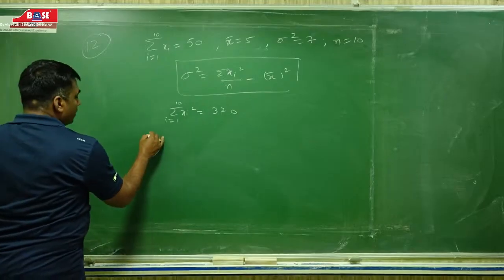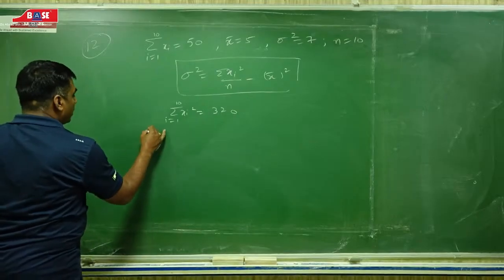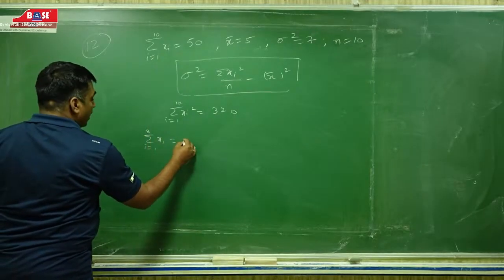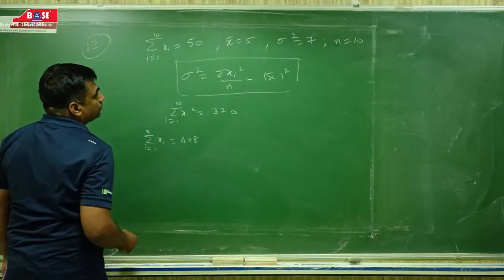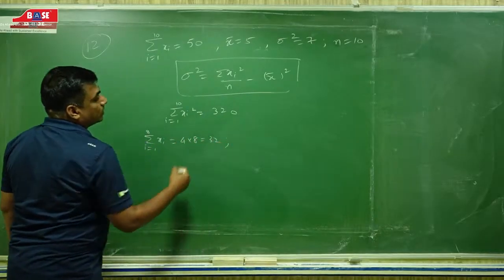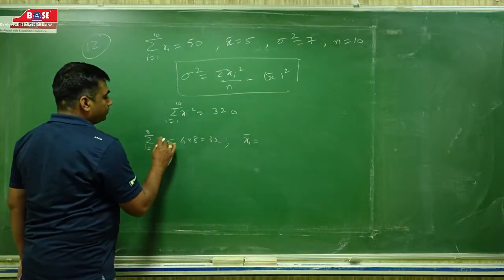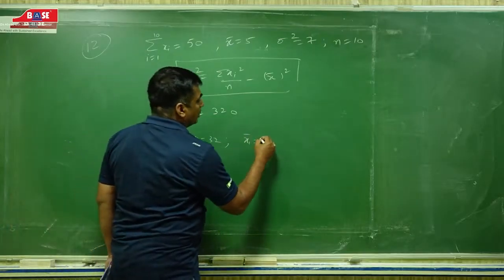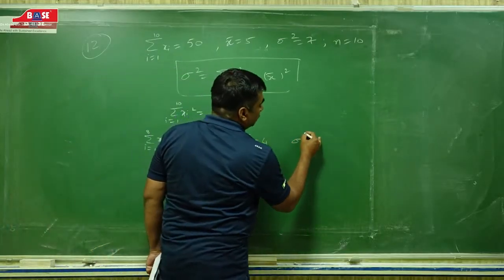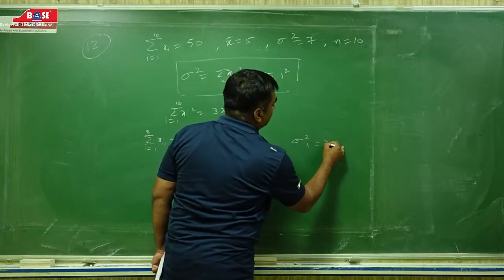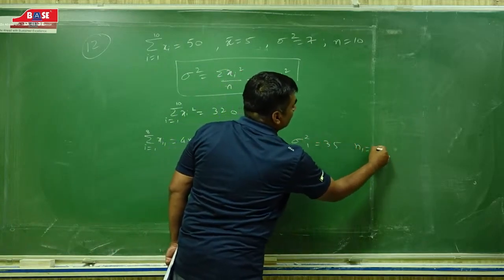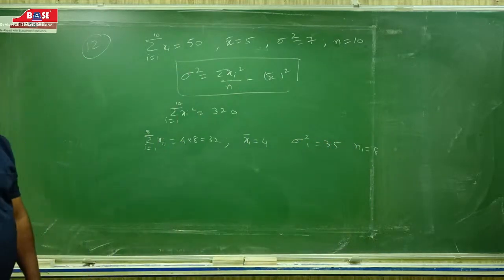Next, we have been given summation of xi from i equal to 1 to 8 as 4 times 8, that is 32, since the mean is 4. The variance is given as 3.5, where n1, the number of observations, is 8.